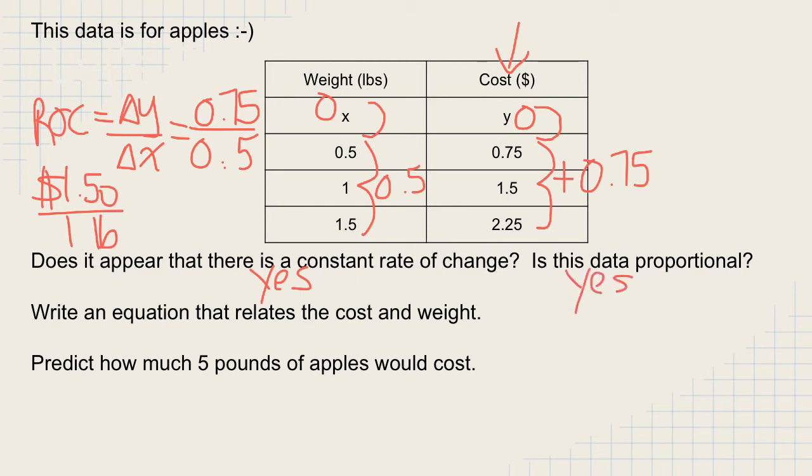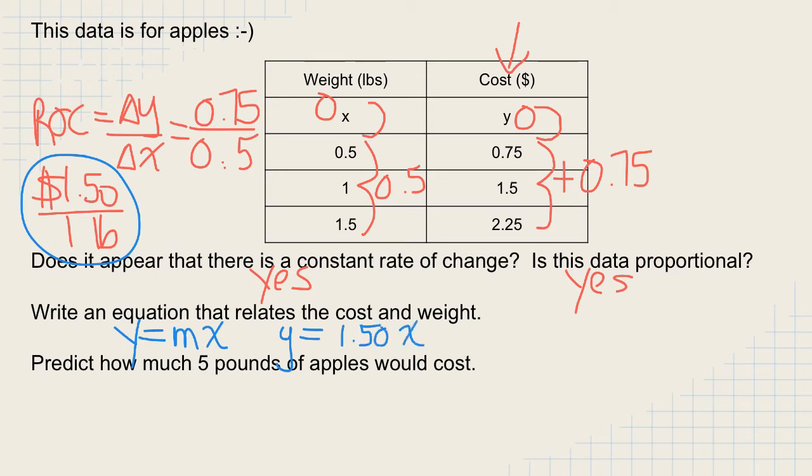So our equation is going to be, let me change colors, y equals mx. Remember, m is our slope, our rate of change, our direct variation, whatever it is you want to call that, that's our multiplier. And so I liked having this format because now I can just say y, or the cost, is $1.50 times the weight of the apples.